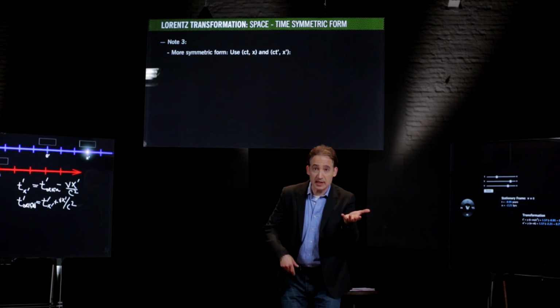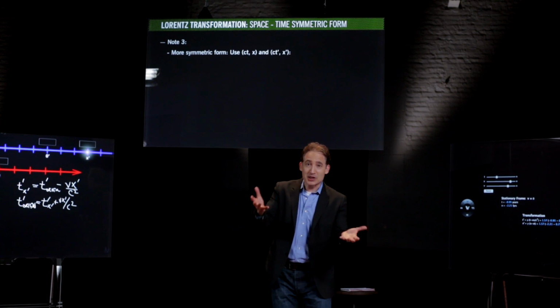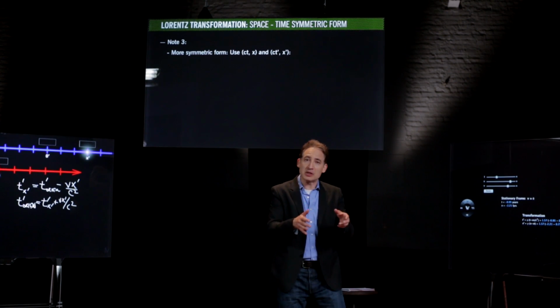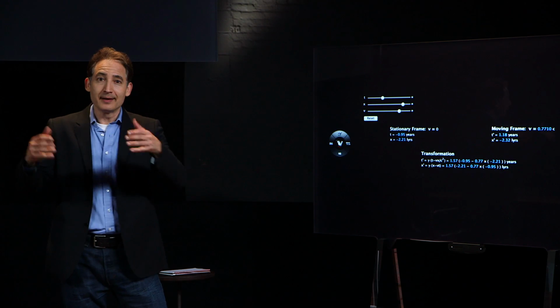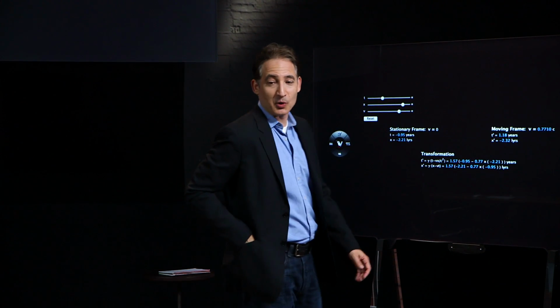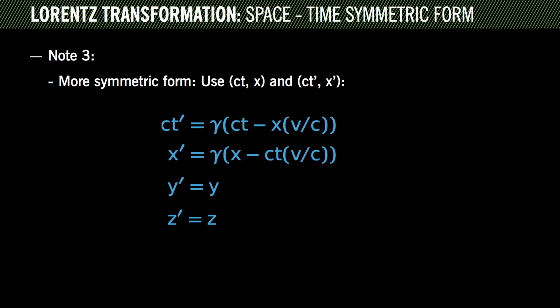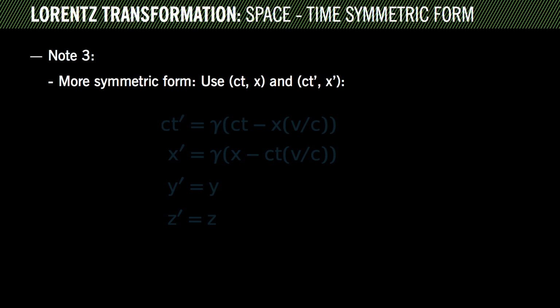It's a velocity c times a time. So if you frame the Lorentz transformation in terms of ct, a length, and x, which is also a length, the equation looks more symmetric, and indeed it does. Notice now that ct and x are playing exactly the same role. They're just interchanged from one equation to the other.